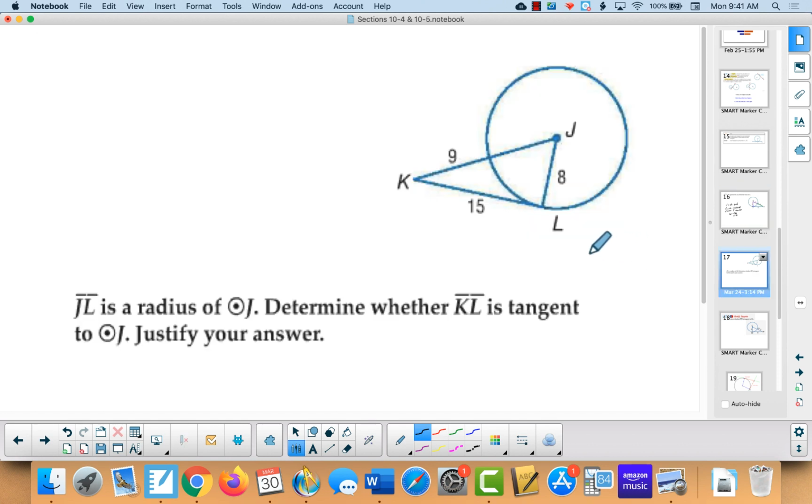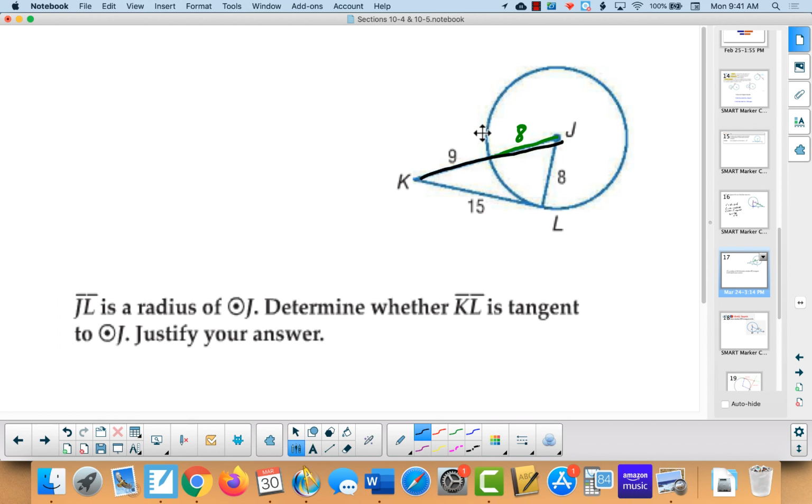In this problem, we want to show that KL is tangent to the circle. In order for that to be tangent, this has to be a right angle. If that's a right angle, then the Pythagorean theorem has to work. Once again, we don't have the hypotenuse, but we recognize that this is another radius, so that's 8. So the hypotenuse length is going to be 17.